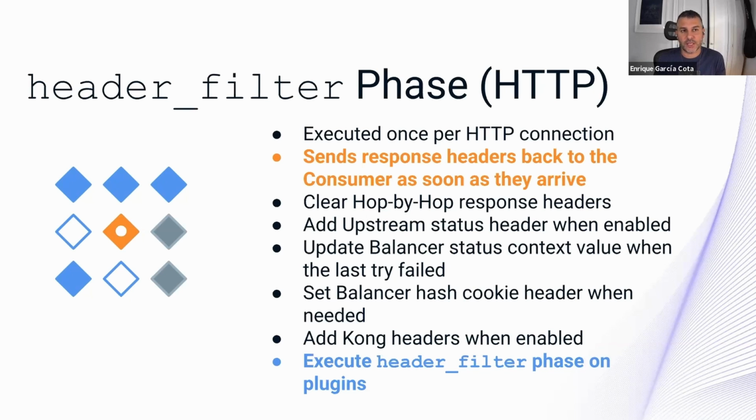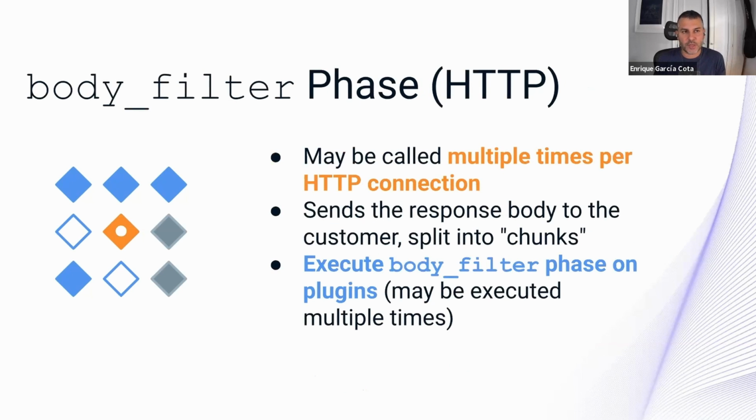And now we get to the body, and the body is even crazier because you don't get a single phase for processing the response body. You get multiple. So you get the first chocolate block, and then, since potentially responses can be huge, I'm talking about, imagine video responses or even images, or sometimes even JavaScript zip files, one thing you don't want to do is having to allocate memory or disk space for the whole thing if you can avoid it.